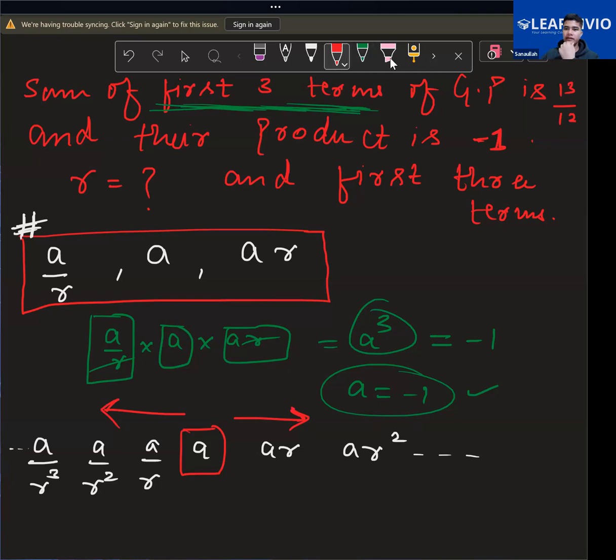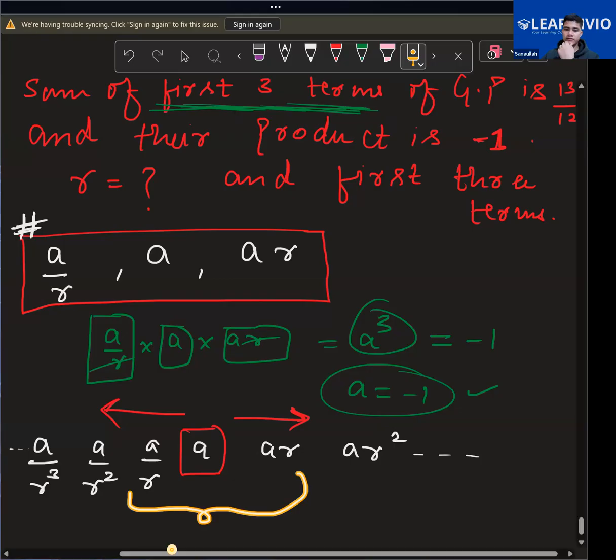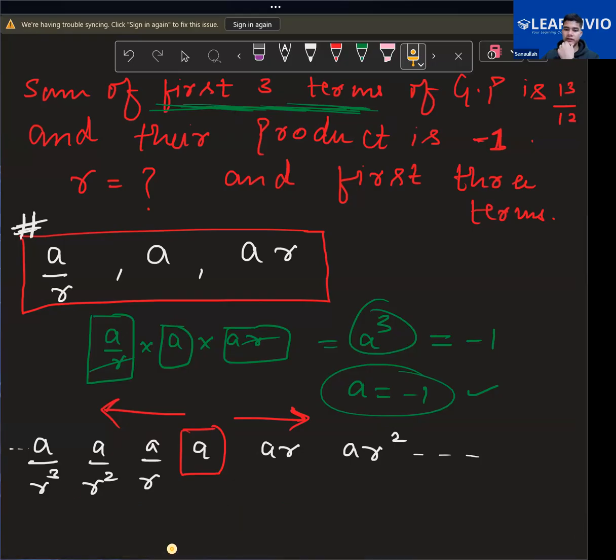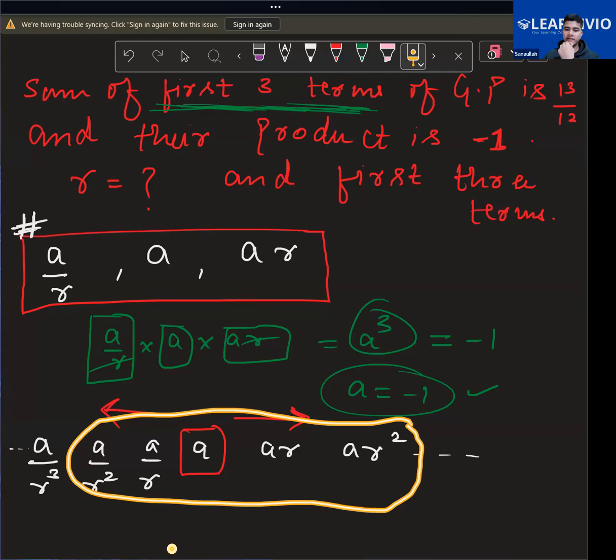So you have to take three cases. If you are given the first three terms, then you consider these terms. If it was given as five terms, then you consider from this to this. If I multiply all of them, in the denominator I'm getting R cube, and in the numerator I'm also getting R cube, so R cube and R cube will get cancelled out, and we have A raised to power 5.